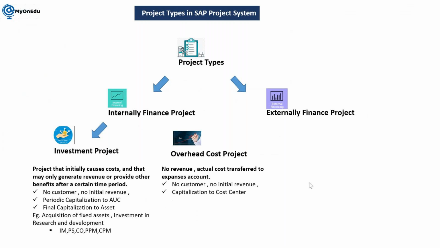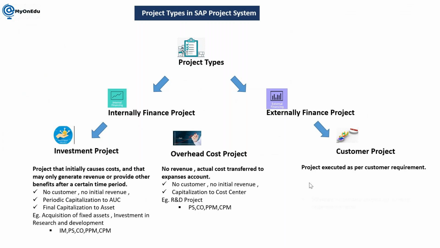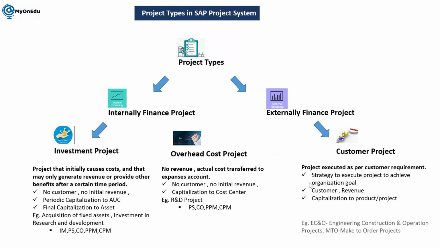All the expenses, all the amounts which we have incurred in the project, have to be transferred to an expense account. Further, the externally financed project we also call a customer project. Here we execute the project as per the customer organization's goals, and the best examples are engineering, construction and operation projects and make-to-order projects.